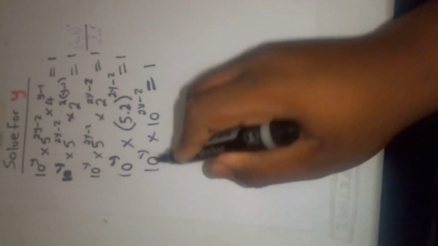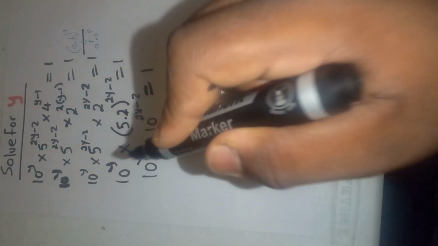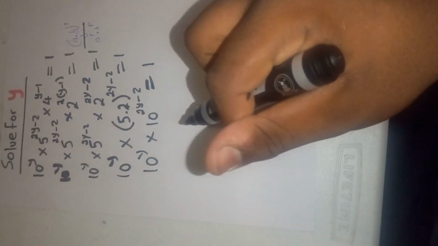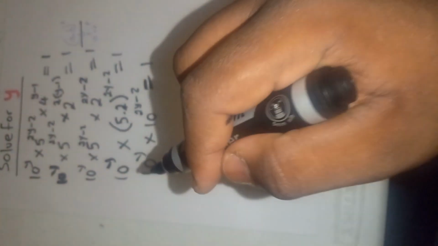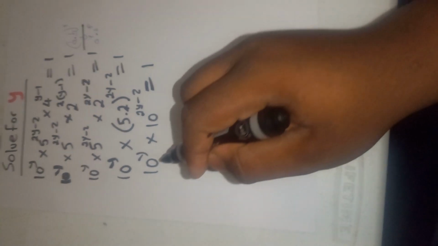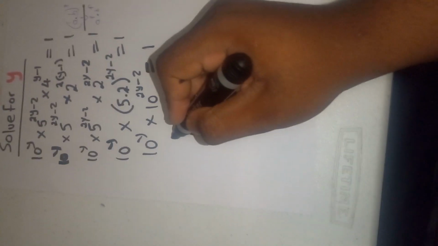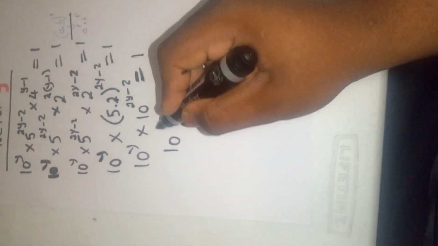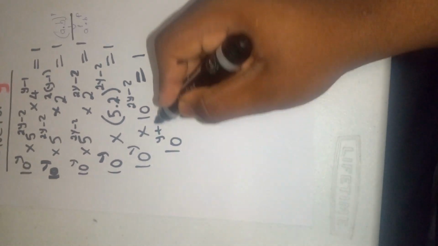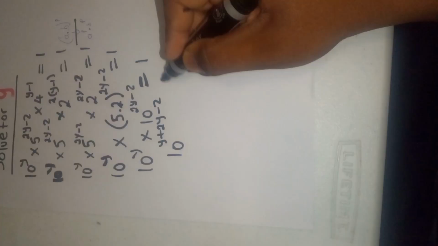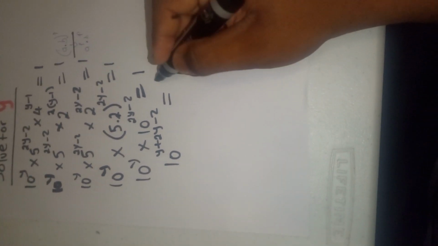Remember the first law in the laws of exponents, law number 1: same bases which are multiplying each other, you add the powers. So now you'll be having y plus 2y minus 2, which is equal to 1.